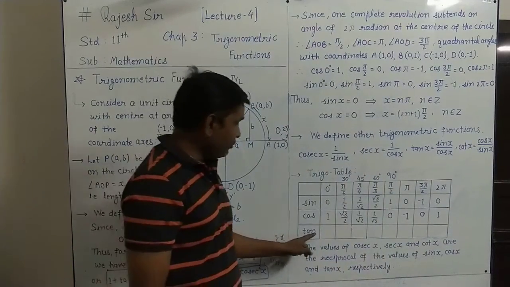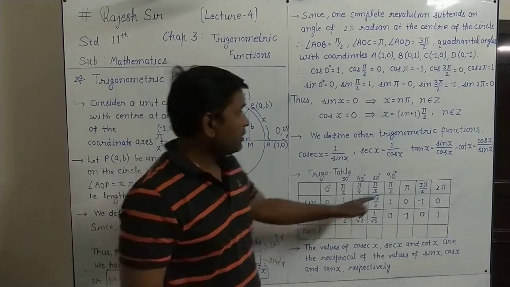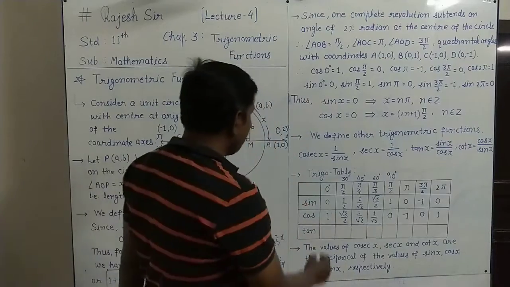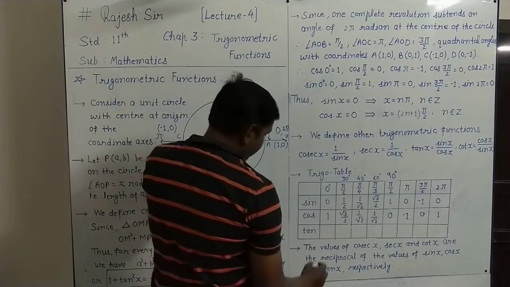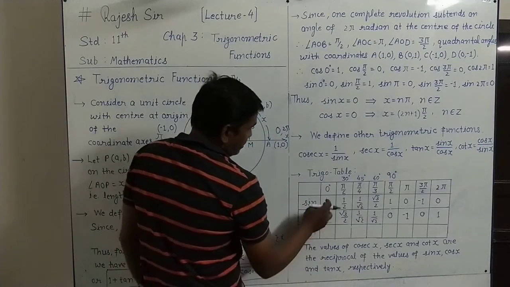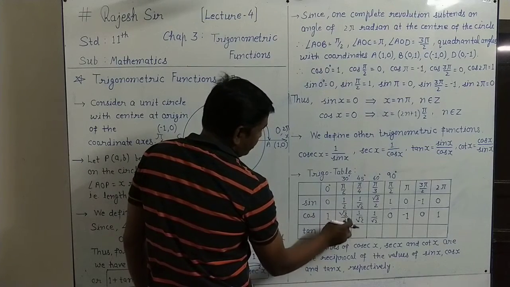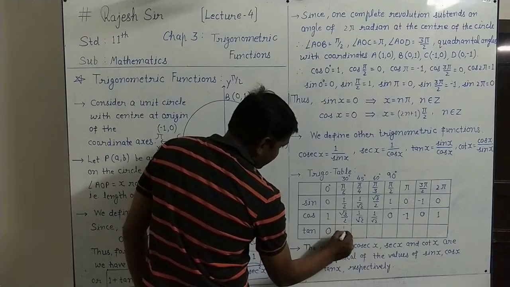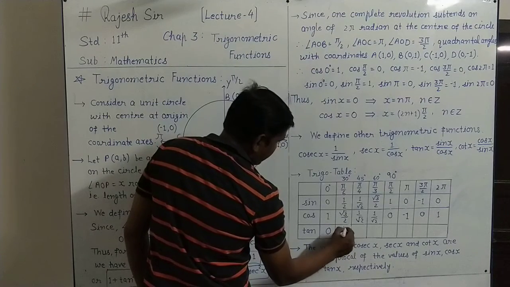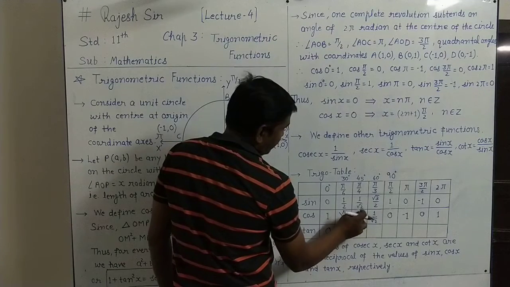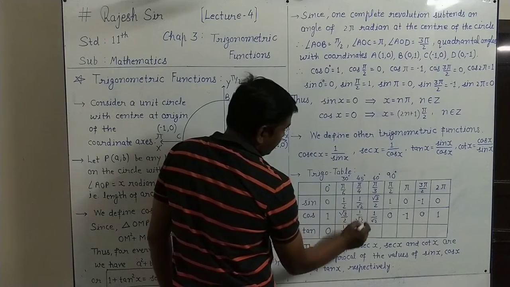To get the value of tan x, we use the relation tan x equals sin x upon cos x. It means if we place the value of sine upon the value of cos, we will get the value of tan. So 0 upon 1 is 0. 1 upon 2 upon root 3 upon 2, the 2s cancel, it will be 1 upon root 3. Then 1 upon root 2 upon 1 upon root 2, root 2 cancels, 1 upon 1 is 1.